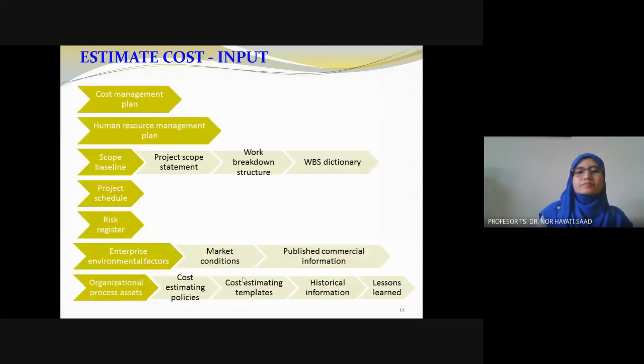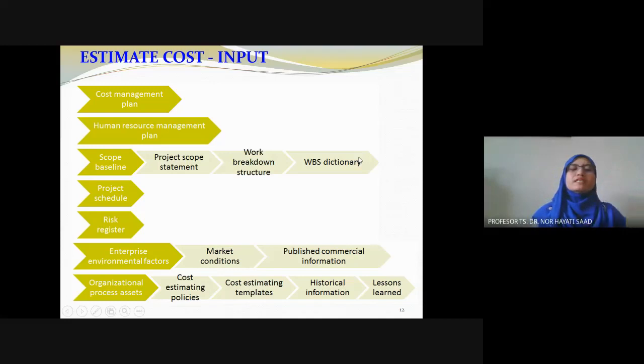Okay, in estimating the cost, the inputs, we need this one as I said from the beginning. And for the scope baseline, again, the project scope statement, the work breakdown structure and the dictionary. I hope you guys still remember what the work breakdown structure dictionary is.